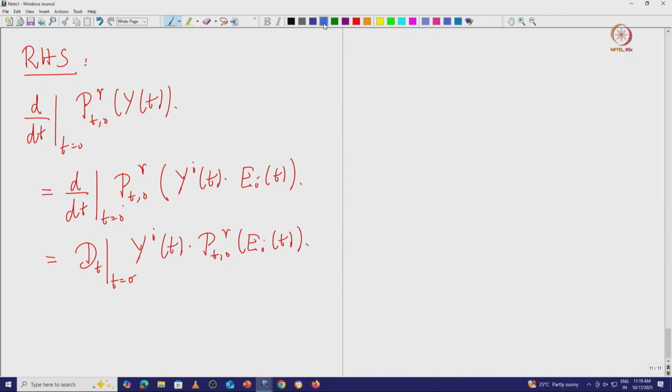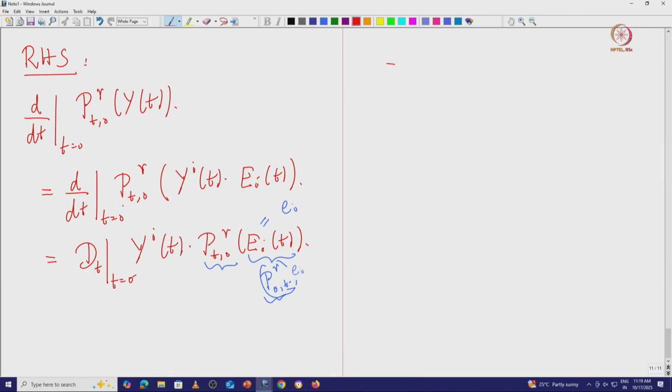Okay, but by definition, this is simply e_i, right, because what was this? This was the parallel transport from 0 to t. But we have already observed in the previous proposition that this parallel transport is the inverse of this parallel transport. So it undoes, it reverses what the first parallel transport does.